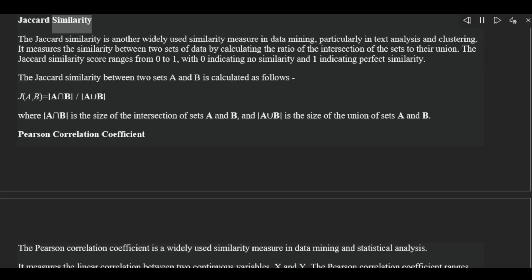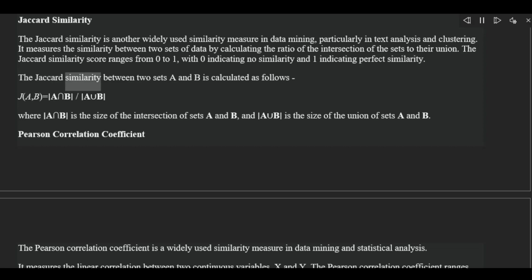Jaccard similarity. The Jaccard similarity is another widely used similarity measure in data mining, particularly in text analysis and clustering. It measures the similarity between two sets of data by calculating the ratio of the intersection of the sets to their union. The Jaccard similarity score ranges from 0 to 1, with 0 indicating no similarity and 1 indicating perfect similarity.